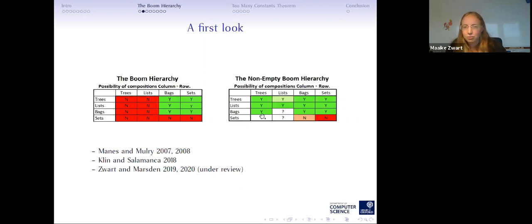But what we can see from these 2 tables next to each other, here is where we ignore the units, and here's where we include them. It seems that units are quite bad for compositions.